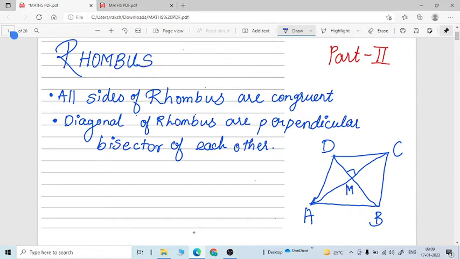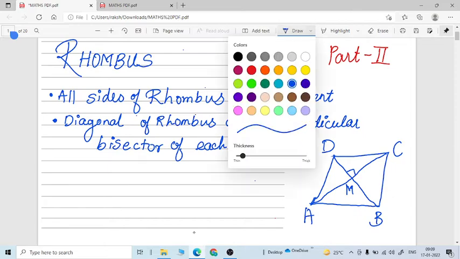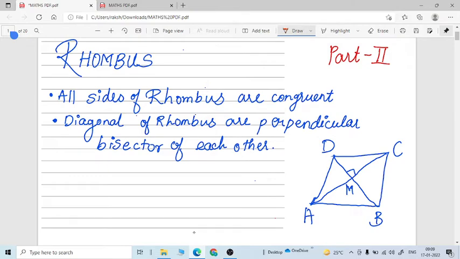Now as I said, all sides of a rhombus are congruent. Let me highlight this for your better reference. AD is the same, BC is the same, CD is the same, and AB is the same.